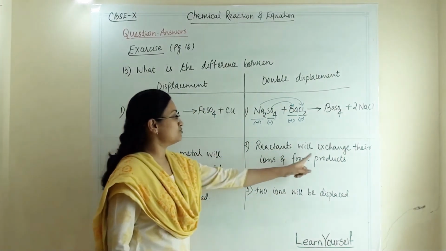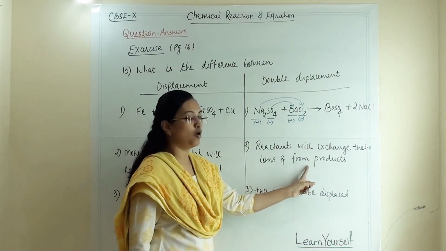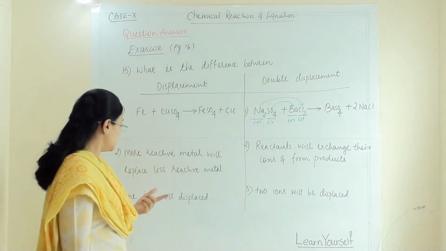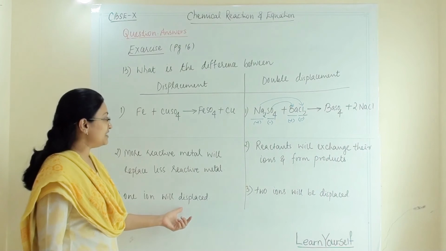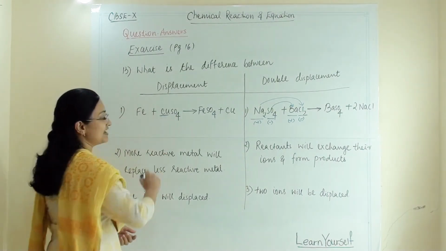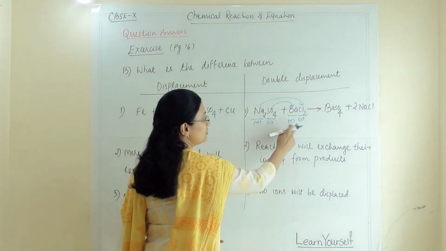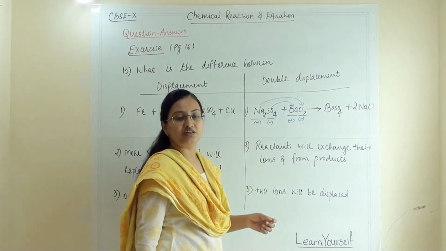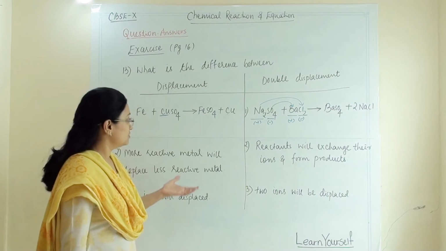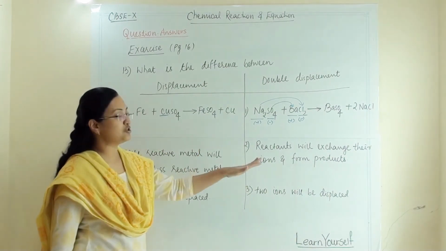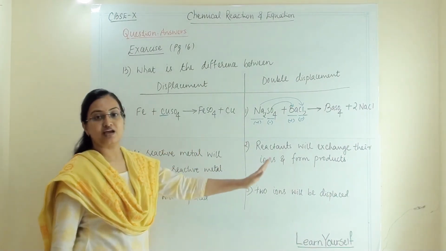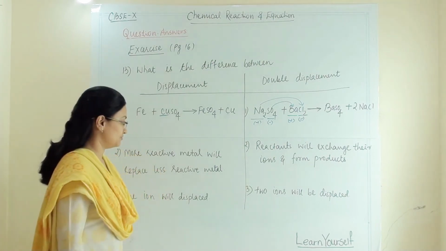So reactants will exchange their ions and form products. Then third point, 1 ion will be displaced. Only 1 ion will be displaced, where here 2 ions will be displaced from the reactant side. So this is all about the difference between displacement reaction and double displacement reaction.